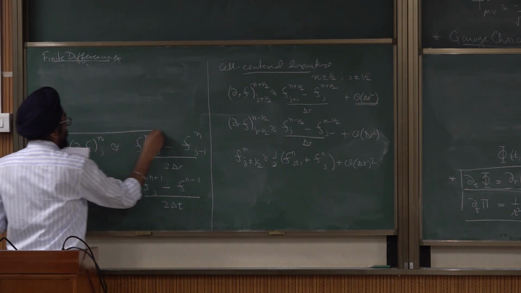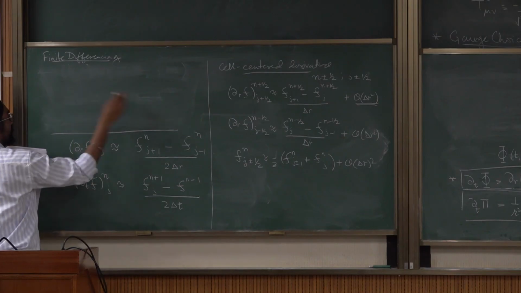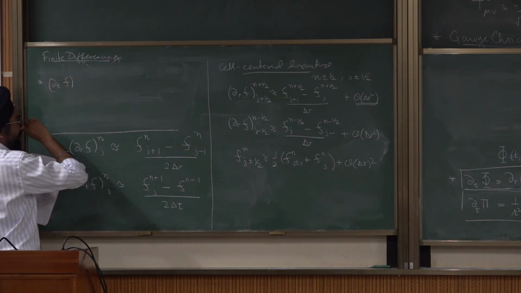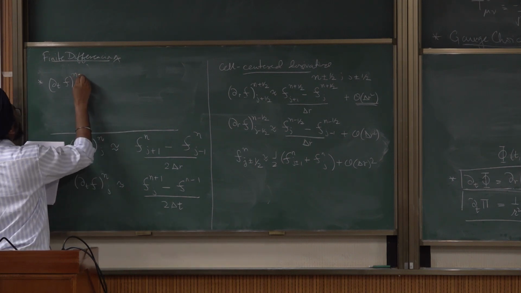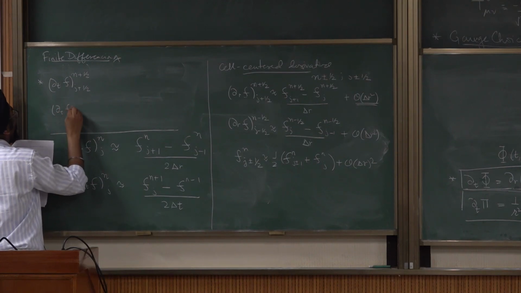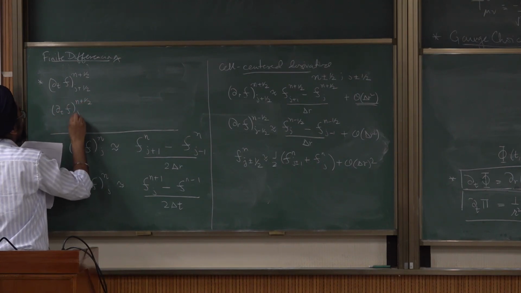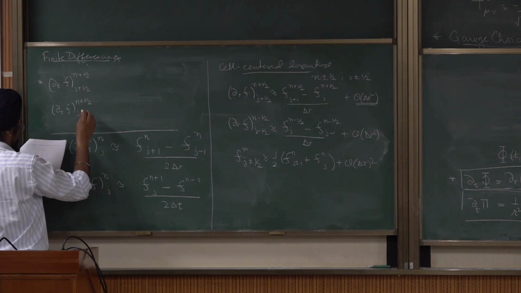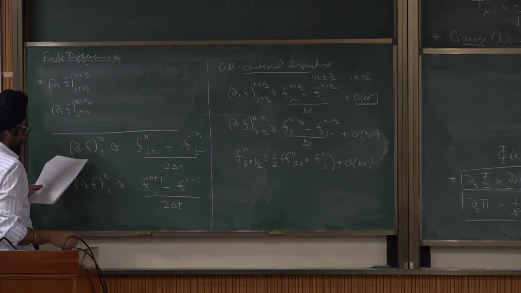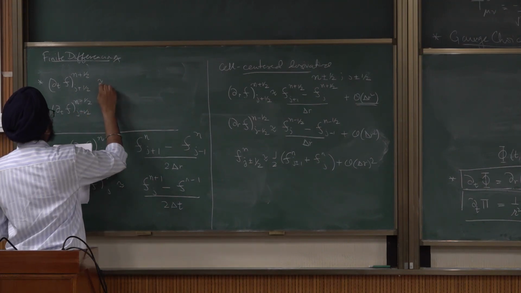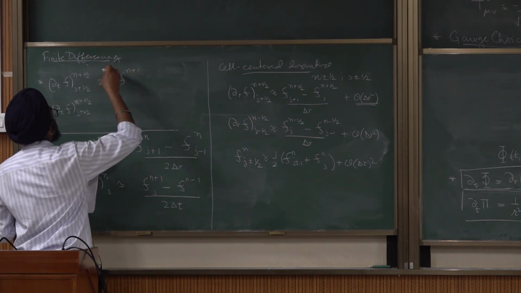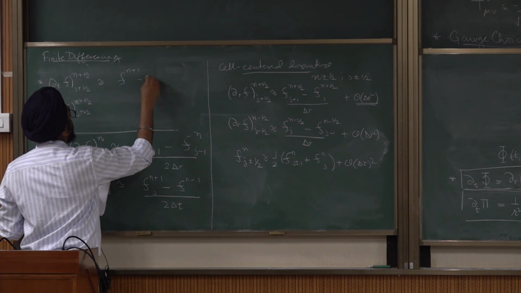So just like I have defined delta r, the derivative with respect to r, I have a derivative with respect to time of f at n plus half, j plus half, and similarly f at n plus half, j minus half. So this is changing time. So this is plus half, so n plus 1 minus n.